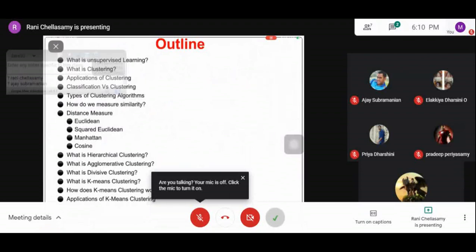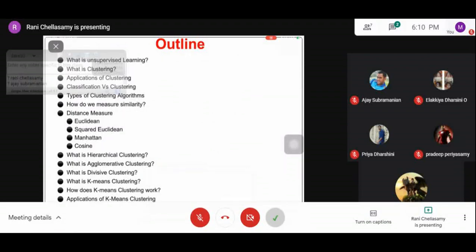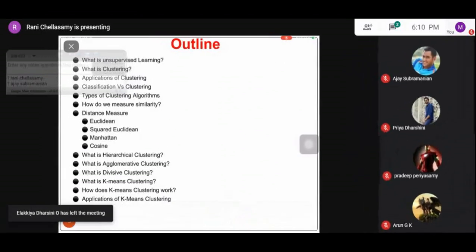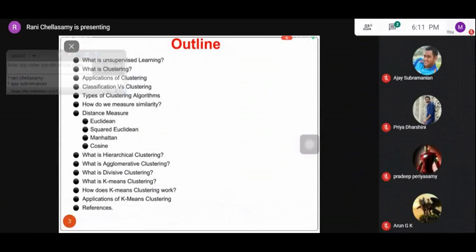There we saw two algorithms to find association rules: one is the Apriori algorithm, the other is the FP growth algorithm, that is, frequent pattern growth algorithm. All these, association rule mining and clustering, come under unsupervised machine learning algorithms. Today we are going to see the clustering algorithm.